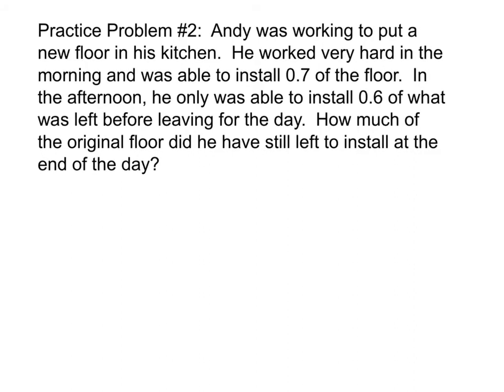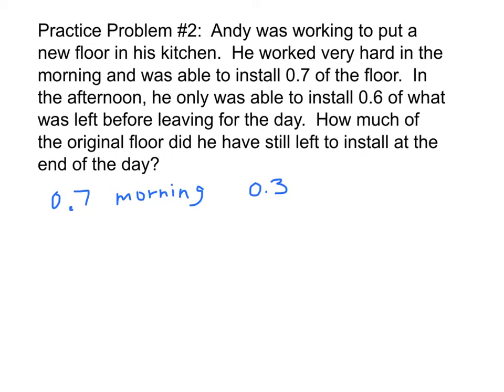The key to this problem is to find out how much of the original floor he was able to install in the afternoon. It says that he installed 0.7 of the floor in the morning. That means that there was 0.3 of the floor left in the afternoon still to install.